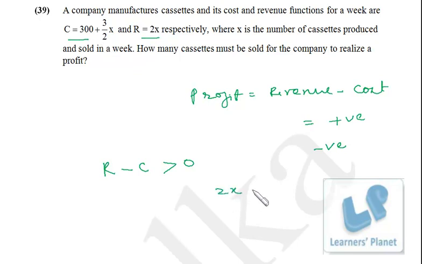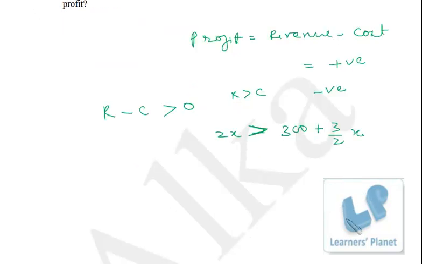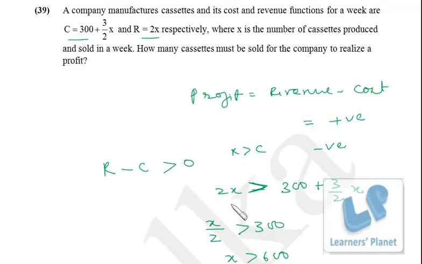So revenue is greater than cost. Okay, I take 3 by 2x this side. So 2x minus 3 by 2x, that means x by 2 is greater than 300, x is greater than 600. That means the company should sell more than 600 cassettes to realize a profit. Okay, so that's pretty easy and interesting.